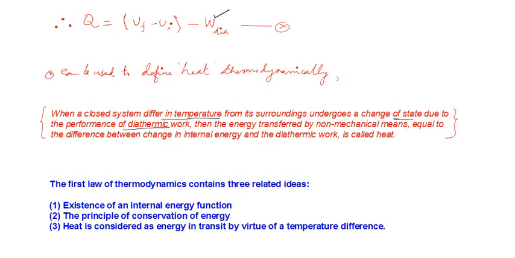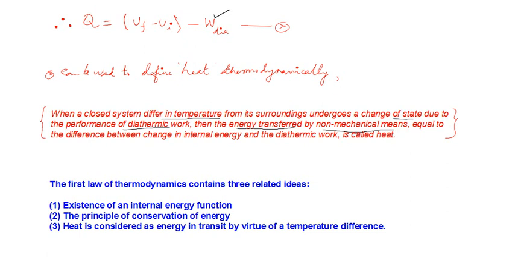Then the energy transferred, hope you remember, heat was defined as energy in transit or motion by non-mechanical means. It means you should not consider energy transfer that is due to work. It is non-mechanical means.